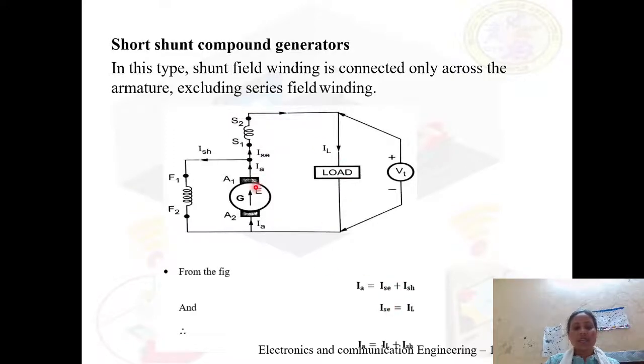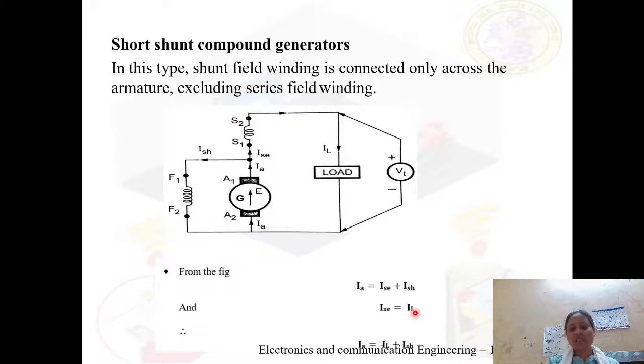Okay, and here look at the other side. This series field current, ISE, flows like this and passes through the load. Therefore, this series field current ISE is the same as the load current. Therefore, we can write ISE is equal to IL.